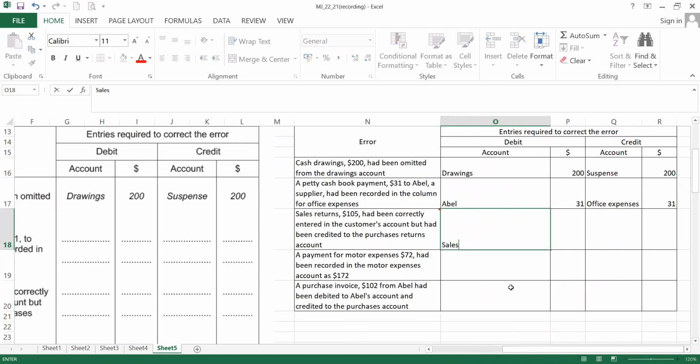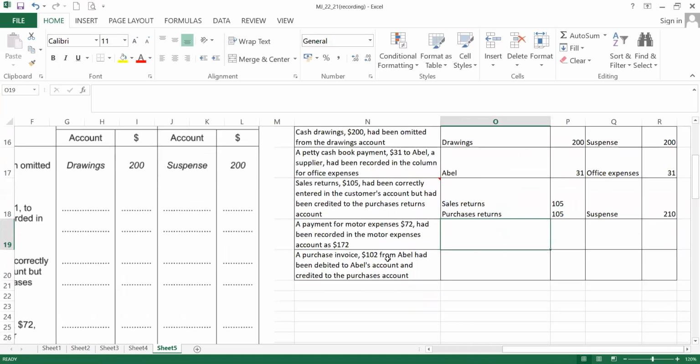So we have to debit sales return, this is to put the correct amount. Second, to reverse the purchases return. So these two entries have to be made, which is 2 times 105. Because this is one side, we have to put in the suspense, which is double.